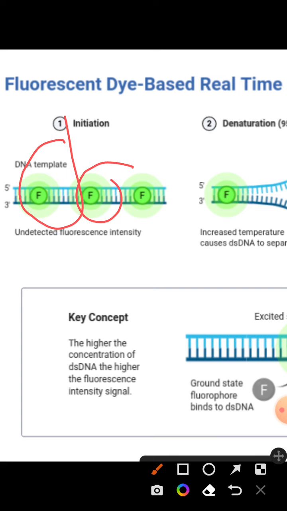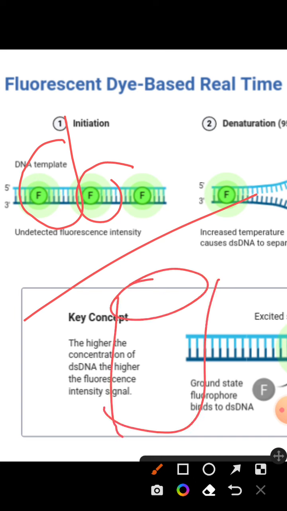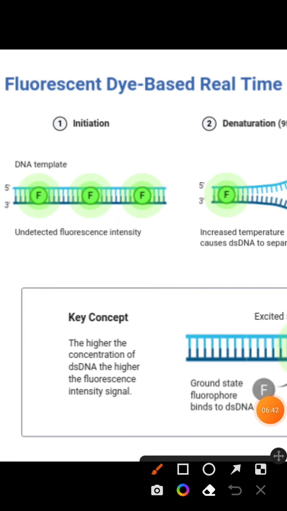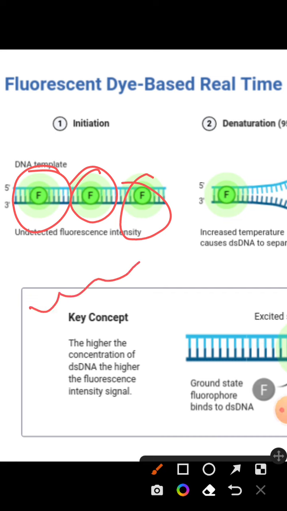If they somehow bind with a single stranded DNA molecule or remain unbound in the solution, the fluorescence signal will be very low. Okay, so whenever you are getting a very significant fluorescence signal from the SYBR Green, then you can make sure that your SYBR Green is bound with a double stranded DNA molecule.